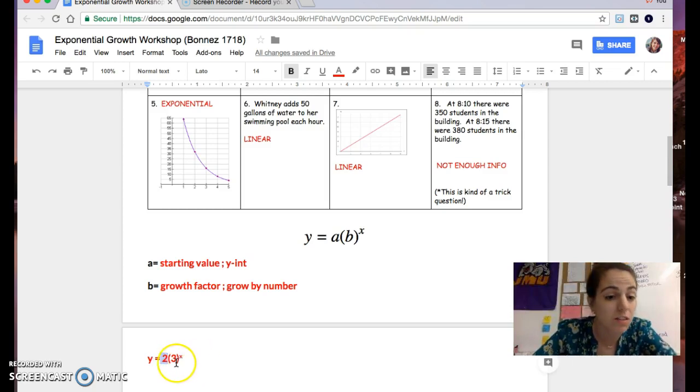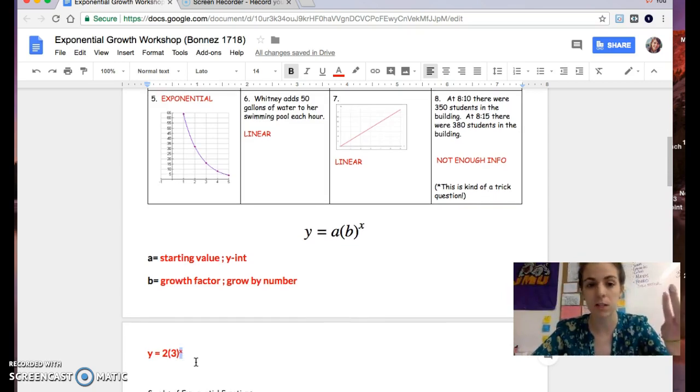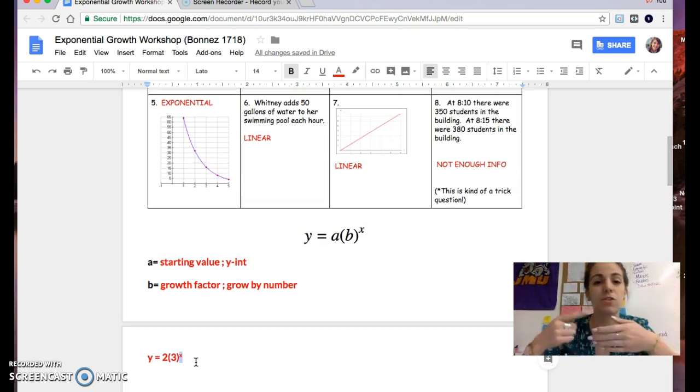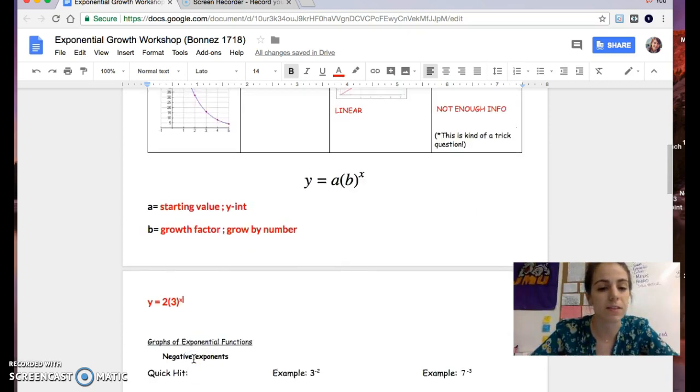Like you have $2 and then your amount triples every week, and x is the number of weeks that go by, so it's like the number of cycles. It could be weeks or days or years or hours, whatever you want to define x as. And then y is the dependent variable. It's going to depend on whatever's happening to x. So in this case, if we're talking about money, y would be the amount of money you have. All right, there's an example right there for you.